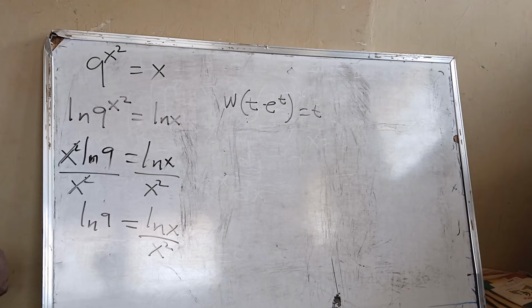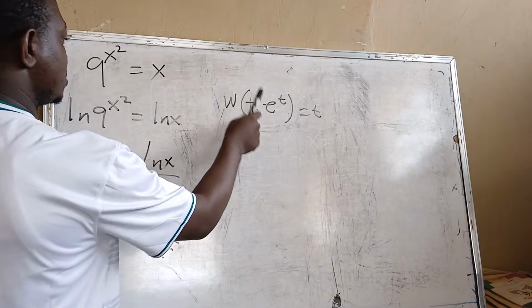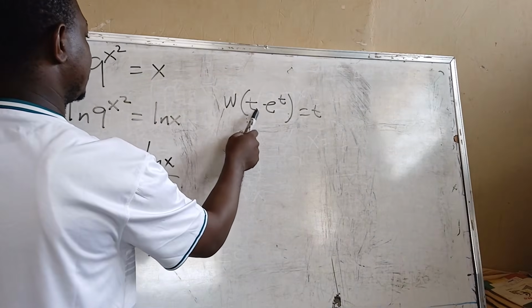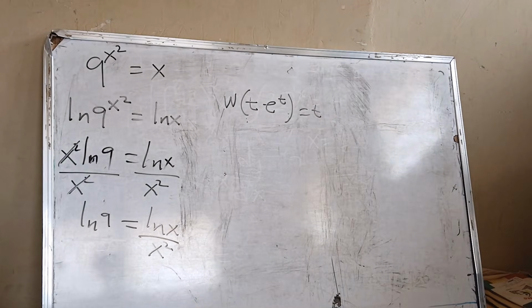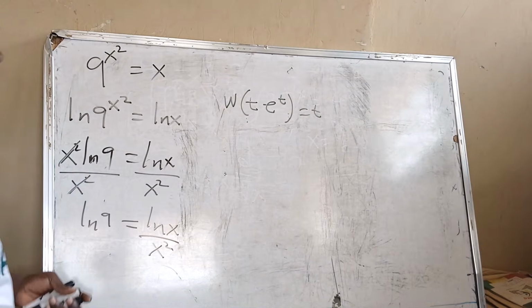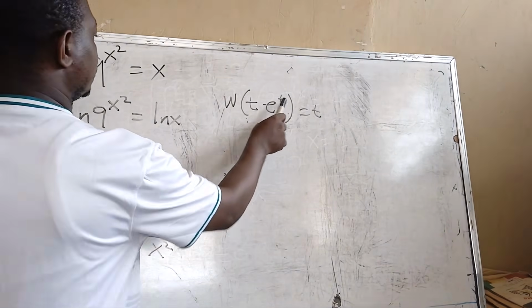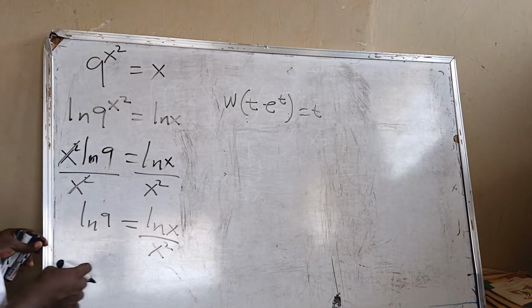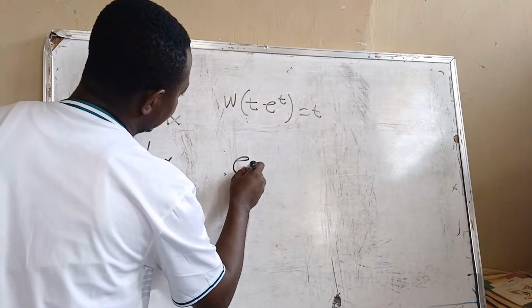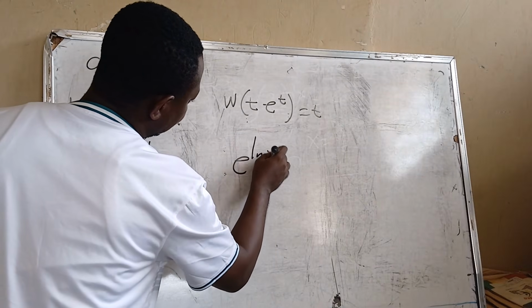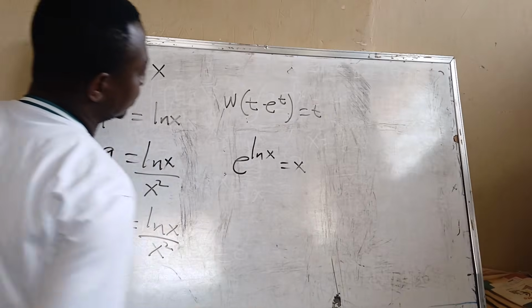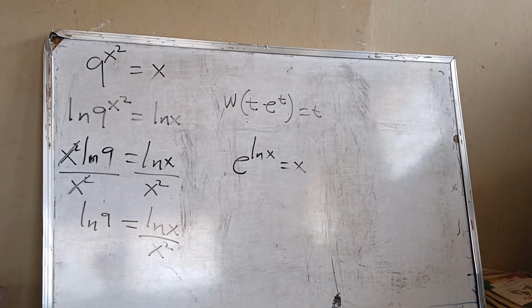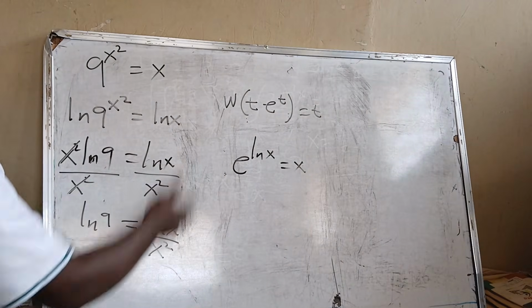So we introduce e, and what is here and what is behind must be the same. If you take the W function of such, the result will be one of them. As simple as that. And also, when you see e raised to ln of something, the result will be that thing. So this one is very powerful. We are going to combine the two.